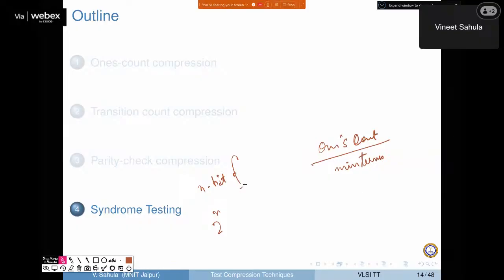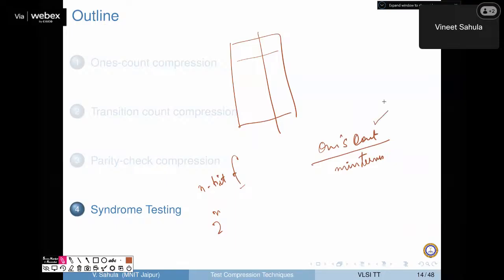And I will count how many ones are there in a function. So we'll count the number of ones in the function's definition, and the total number of minterms. Total number of minterms will always be 2 to the power n, right? This will be called syndrome.